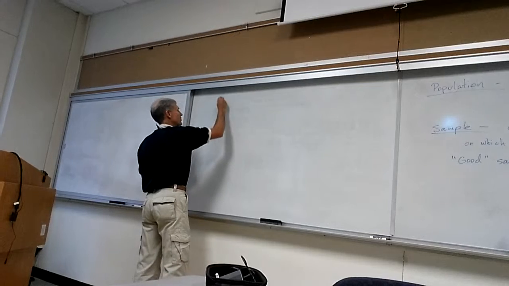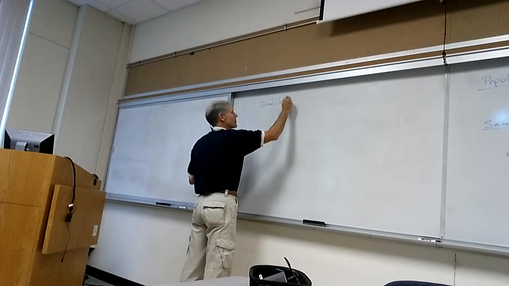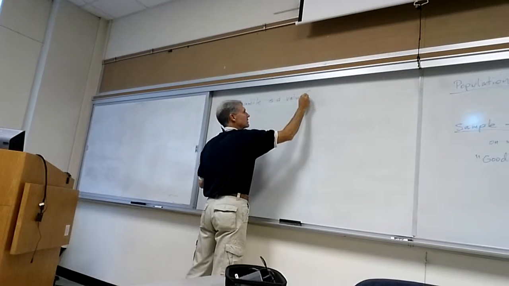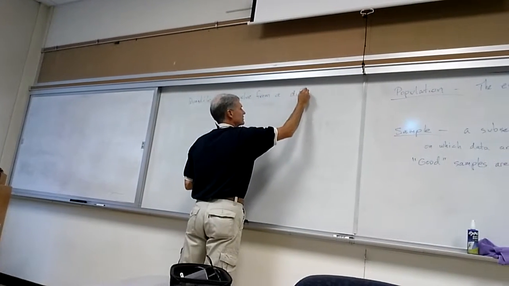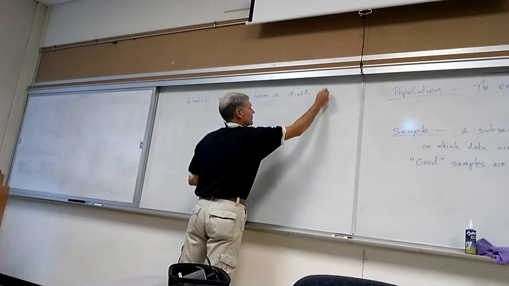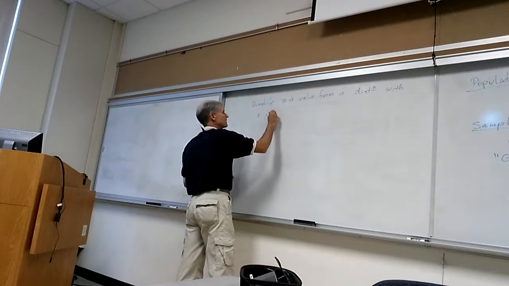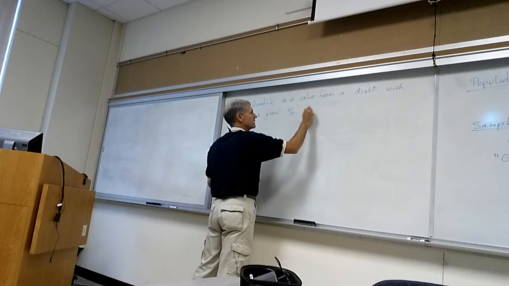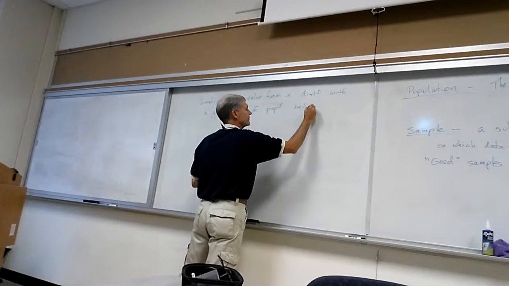So a quantile is a value from a distribution, like from a normal distribution or whatever, with a given percent of population below it.